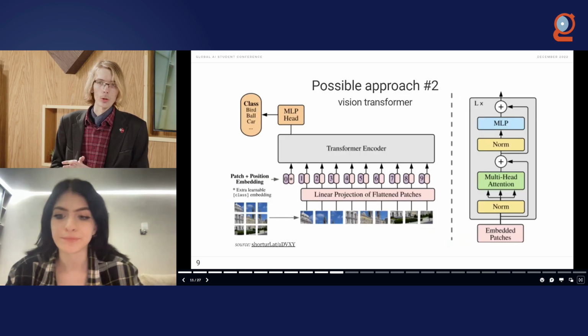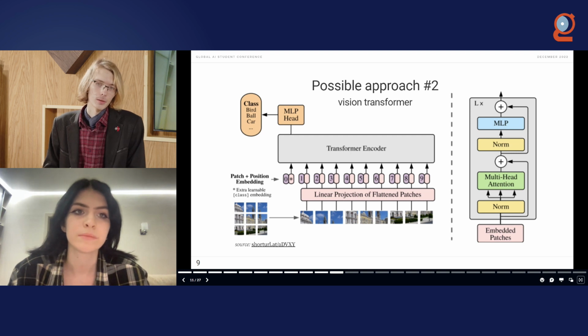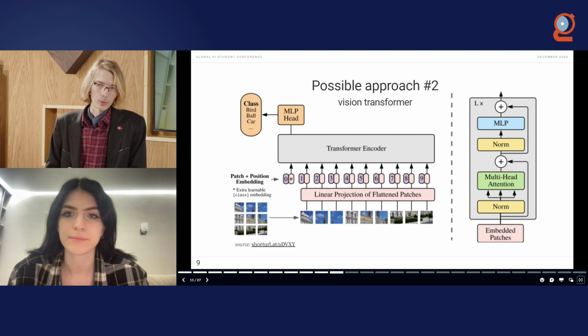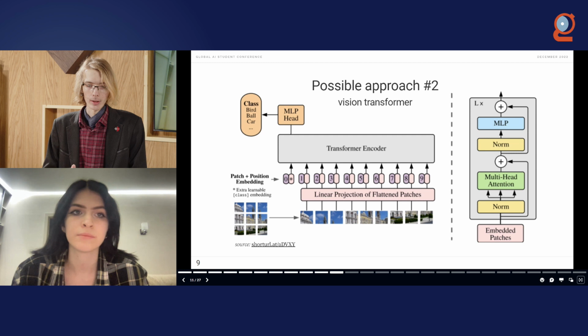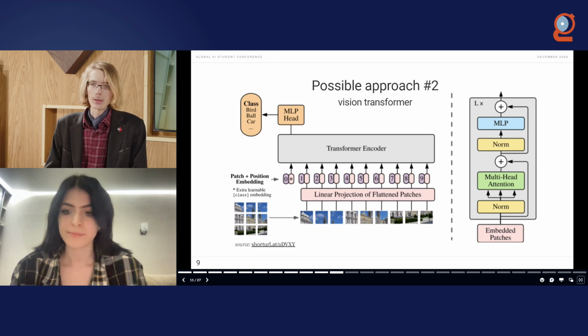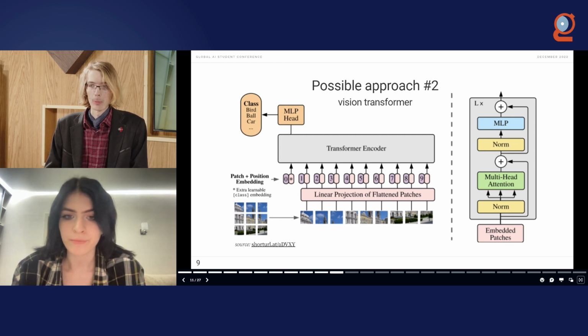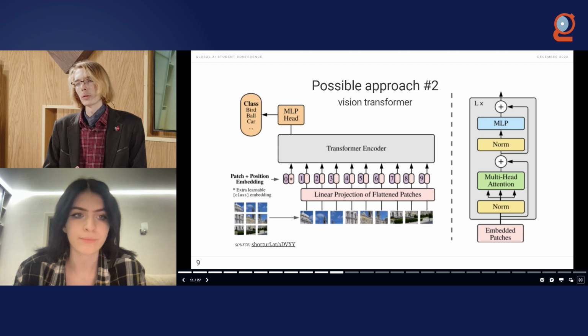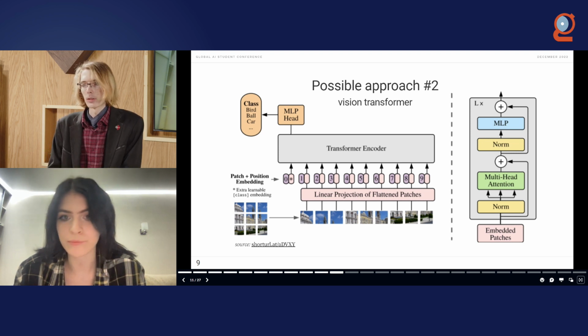The second direction that is utilized in order to process some images and infer some predictions is recently emerged vision transformers. They are mostly based on a common technique that came from natural language processing.